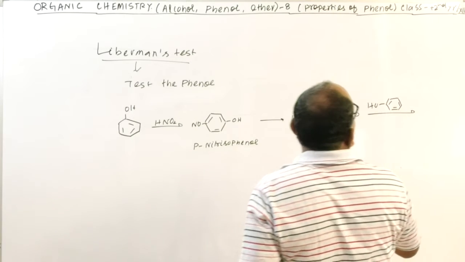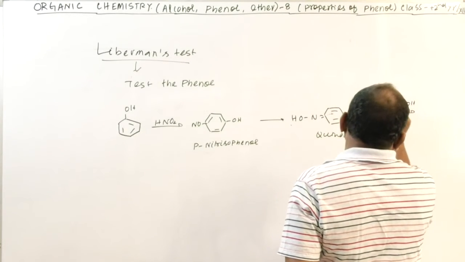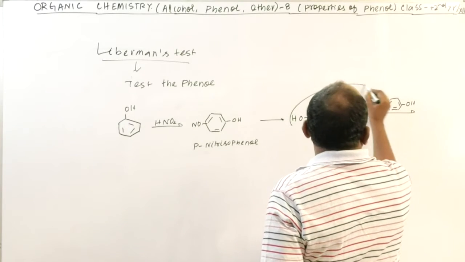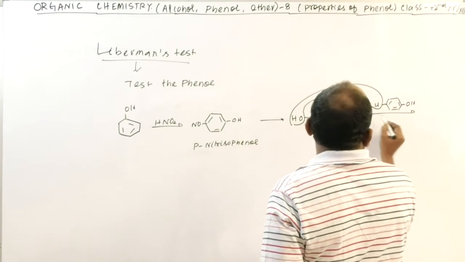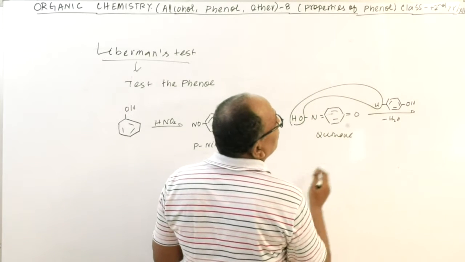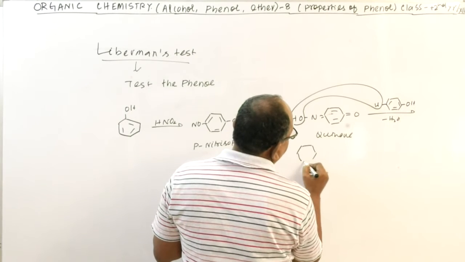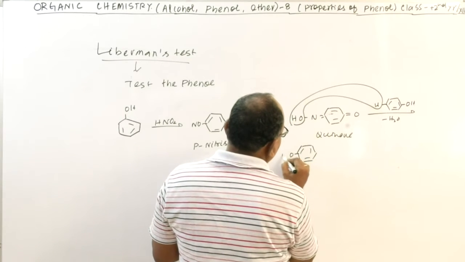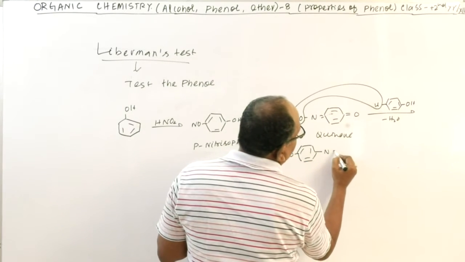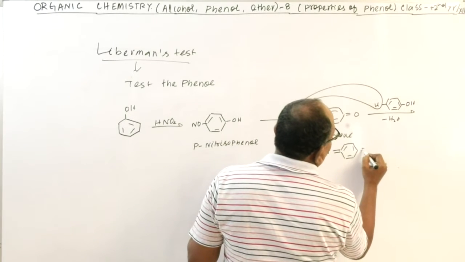It is just a coupling reaction. This H is there, and this OH and this H are lost as a molecule of water. This OH comes here, bonded to nitrogen, nitrogen bonded to the benzene ring.